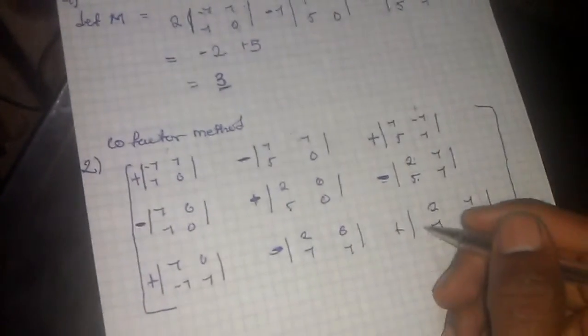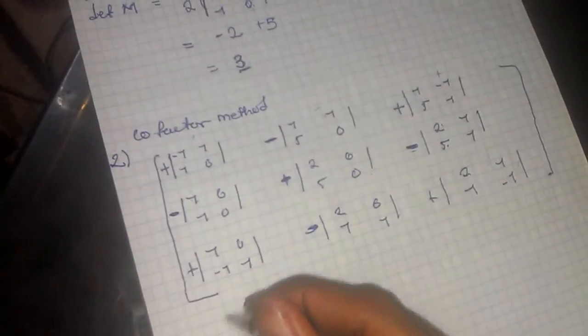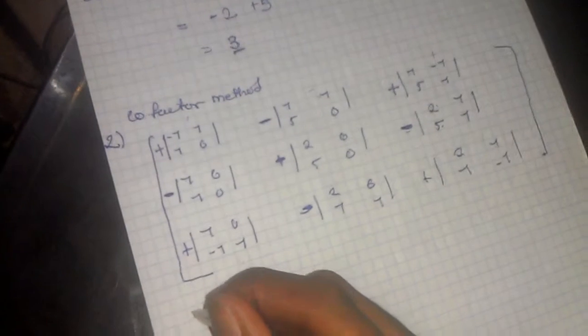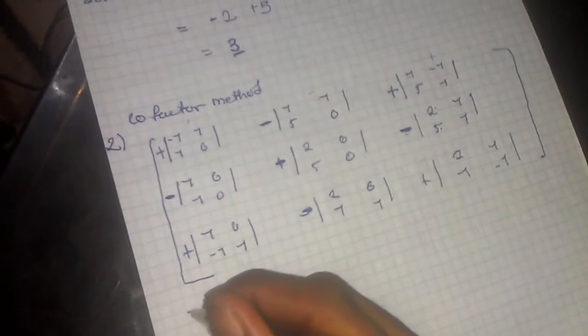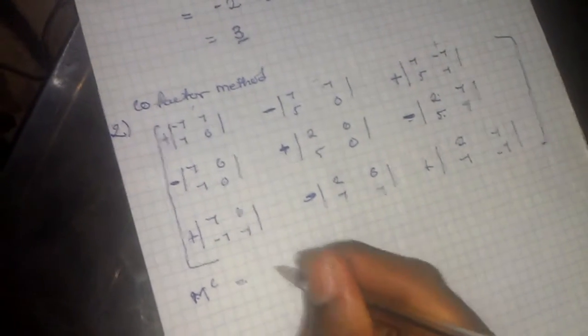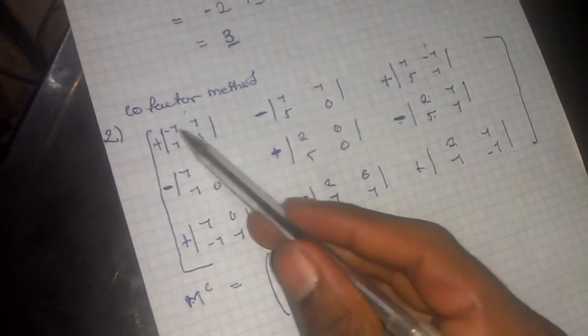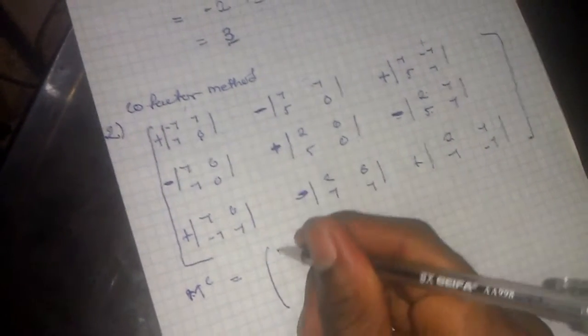Now I need to look for the determinant of each of these. So I will put back my matrix, I'll call it my M, but I'll say cofactor. My MC is what? We know 0 times this one, so we have 1 here.